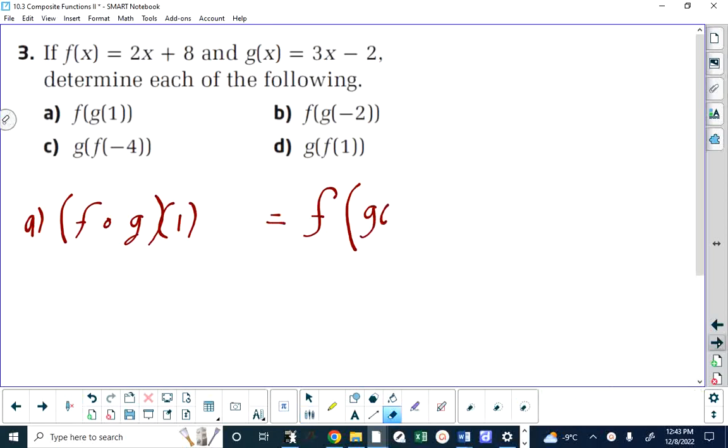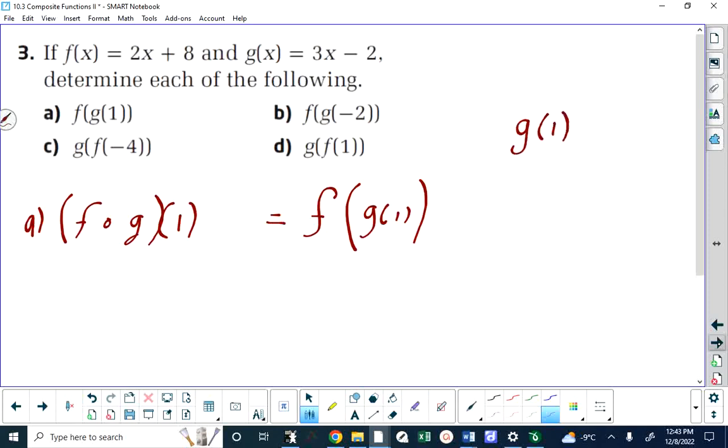Well, if you want to figure out what g of 1 is equal to, and this shouldn't be anything new, g of 1 is the result of putting 1 in for x in g. And you can calculate that number, and I would never teach the lesson to you this way. I think this is overkill, but g of 1 is 3 times 1 minus 2.